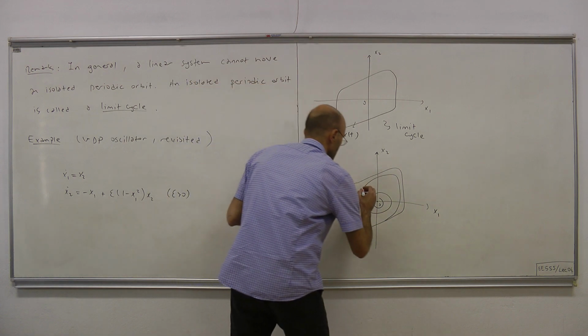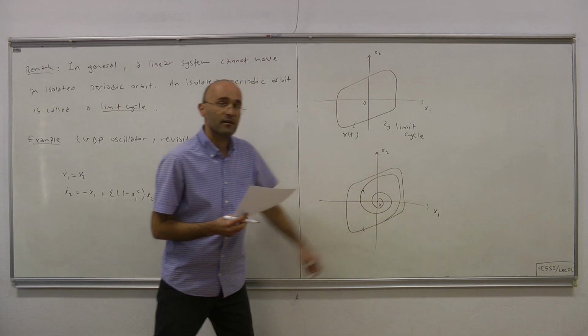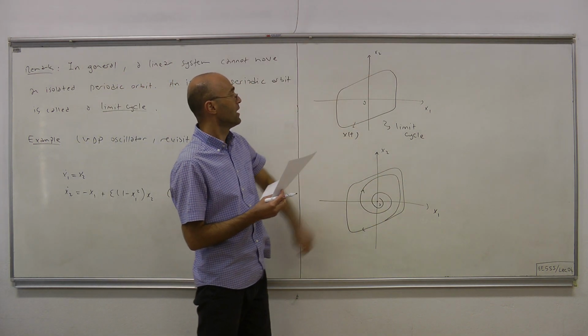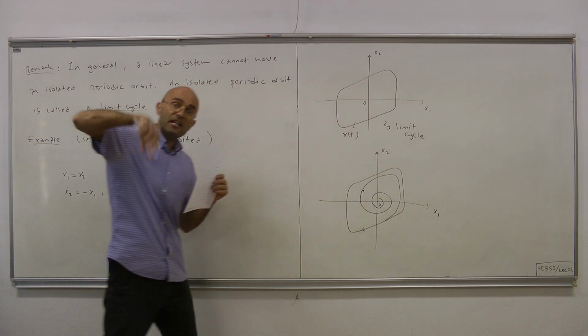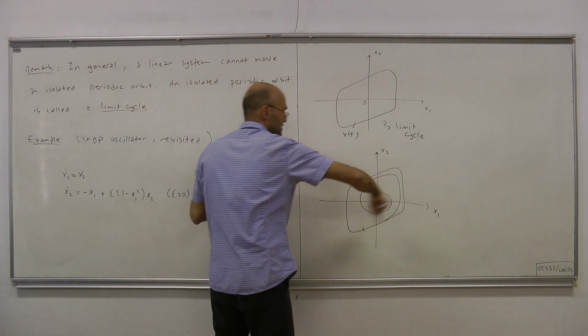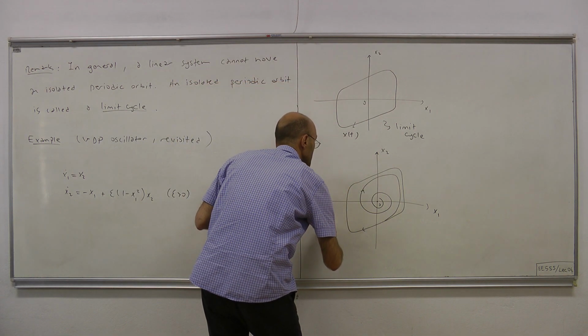Okay, so that's the trajectory. If you start outside the area determined by the limit cycle, what happens is this time you spiral inwards toward the origin, but you don't reach the origin. You get stuck on the limit cycle.